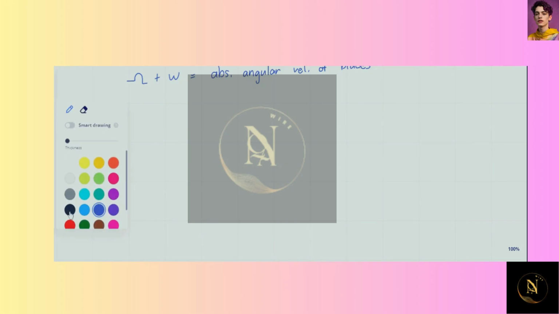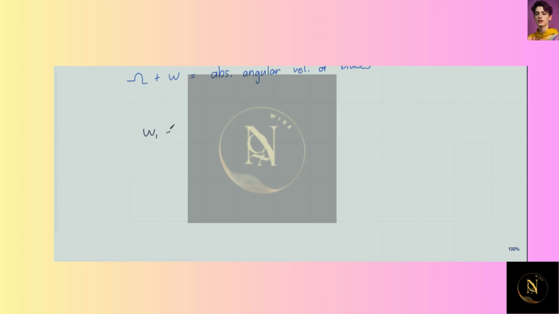So the data that we are given is that initially the angular velocity of the blades relative to the cab is 180 revs per minute. 180 RPM converts to 6 pi radians per second.